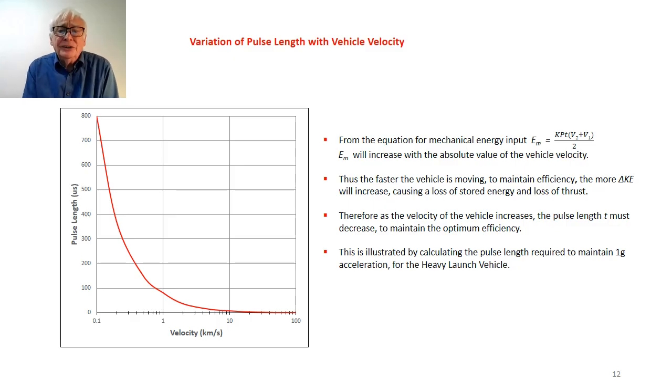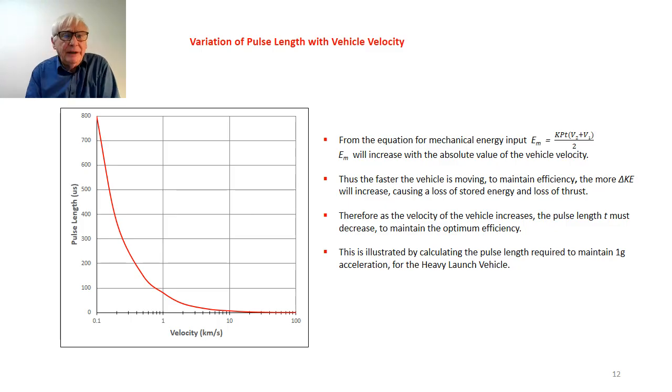And what you actually do is to decrease the pulse length to maintain the optimum efficiency as the velocity of the vehicle increases. If we look at the plot shown on the left-hand side of the slide, this is illustrated by performing a performance calculation for the heavy launch vehicle at a constant acceleration of 1g.